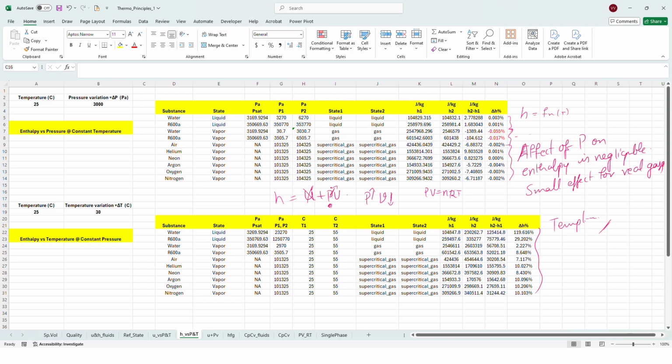But even if pressure is increased a lot, V decreases, so there is no effect of this term. So eventually H behaves similar to U. It has very little effect by pressure. Okay, and H has a significant effect from temperature, as you can see with these numbers here. All right.